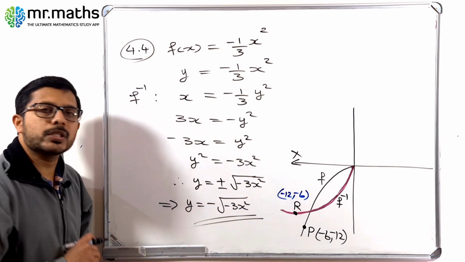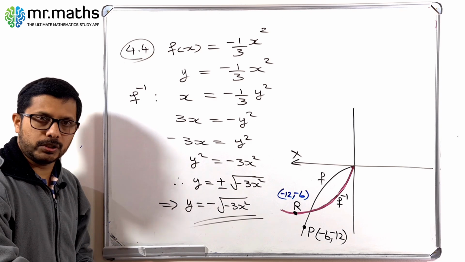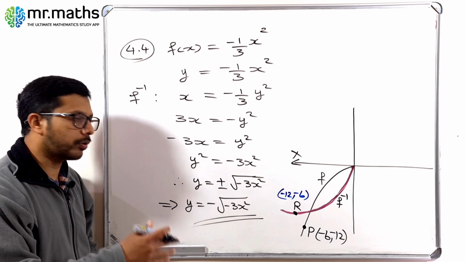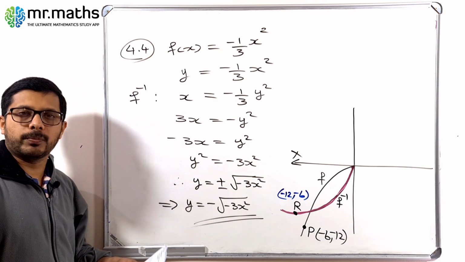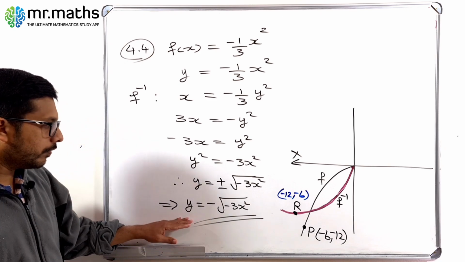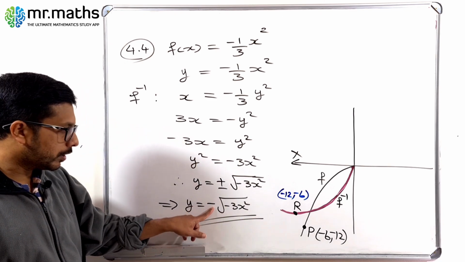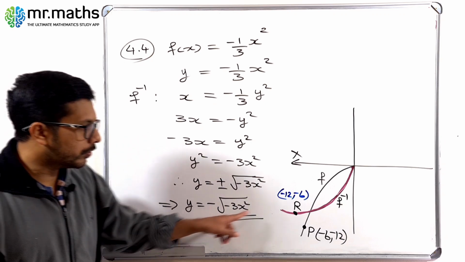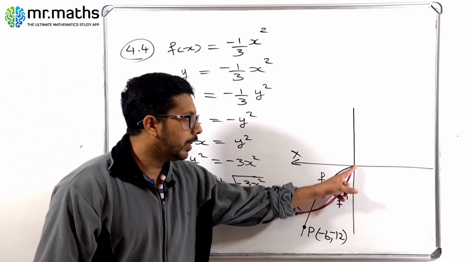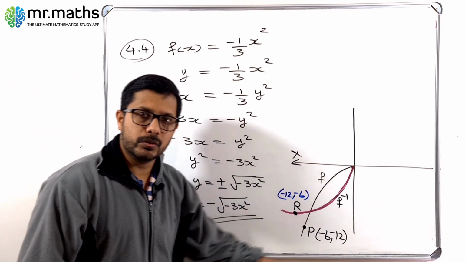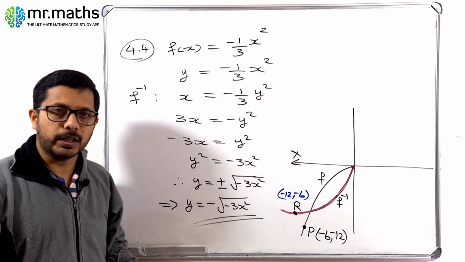You have to specify which one is the correct. Is it positive root of minus 3x square or negative root of minus 3x square? So what is the y value? Negative root of minus 3x. Why do we choose negative? Because in this f inverse graph, the y value is negative, so we have to specify which one is the correct answer.